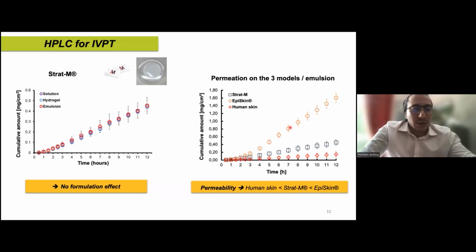As shown, the permeability of the Strat-M, represented by the blue square here, was closer to human skin compared to EpiSkin, which is, as mentioned, 10 times higher than human skin, indicating that Strat-M could be a viable alternative for screening chemical compounds with permeability values closer to human skin values.